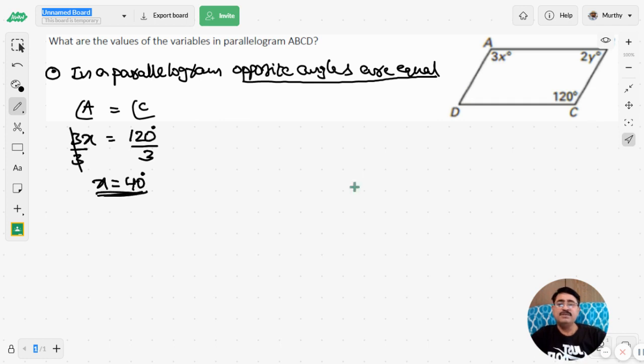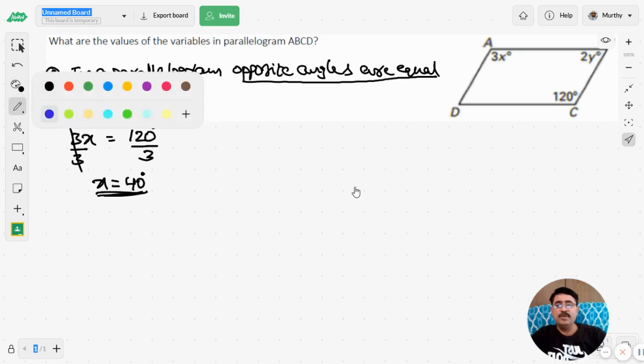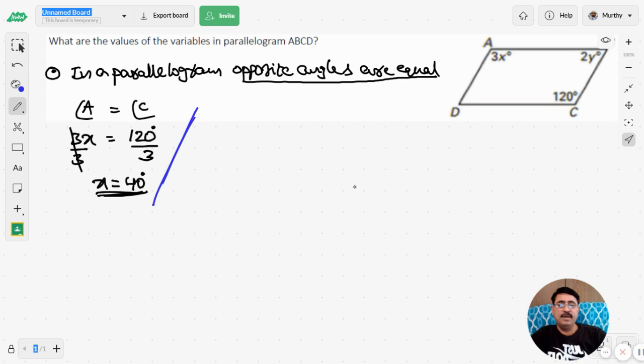What does the question say? Find the values of the variables. Next, point number 2. Here I am writing. The second point is, remember, you take a rhombus, a rectangle, a parallelogram. In all these, the sum of consecutive angles equals 180.